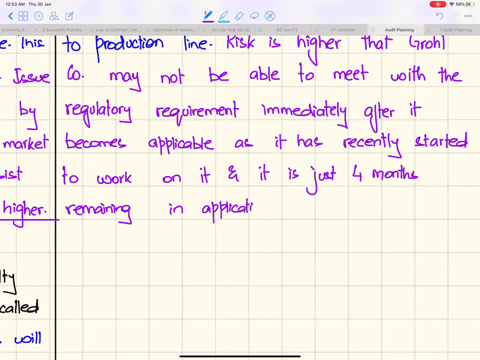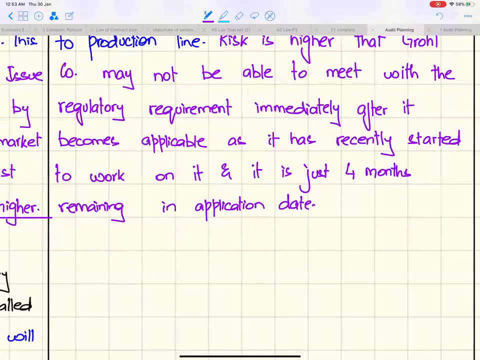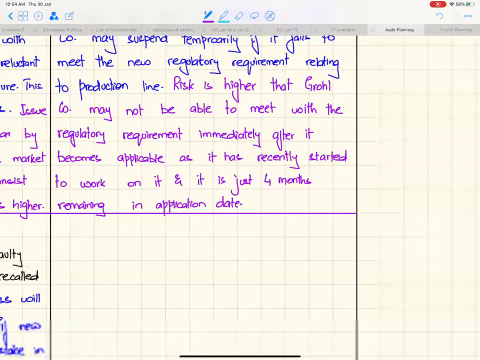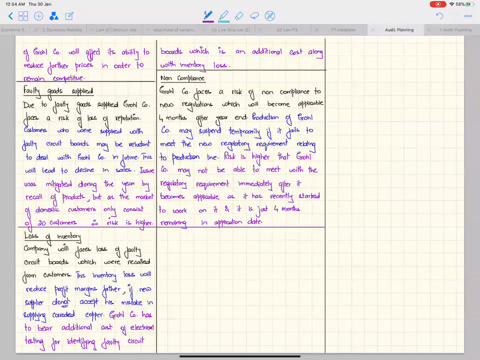So my evaluative comment is that there is a very high chance that you will not be able to meet the regulatory requirement soon after it gets applicable. Why? Because you have just started working on the line.